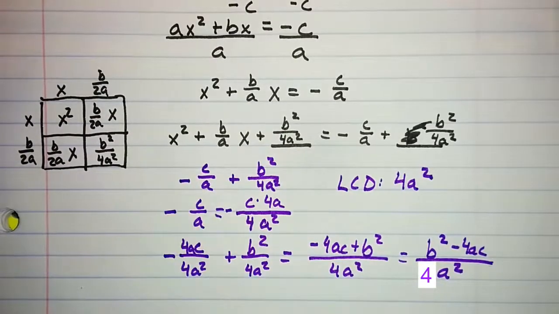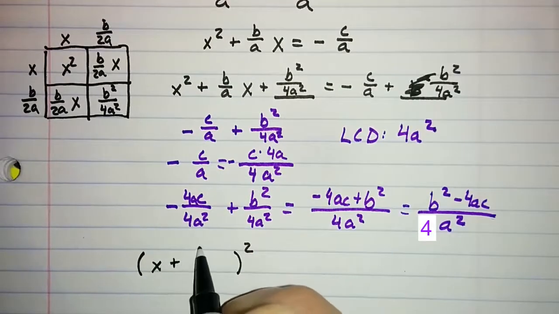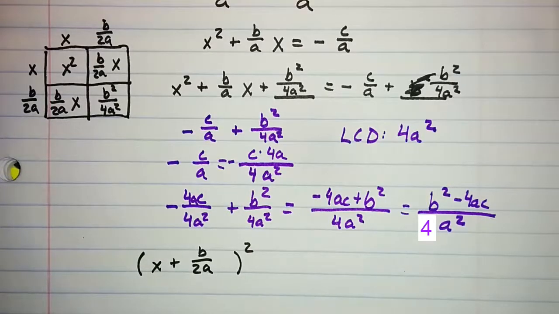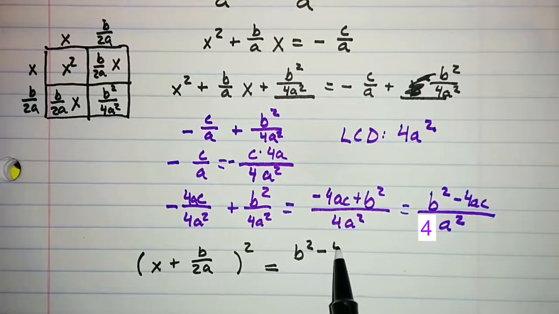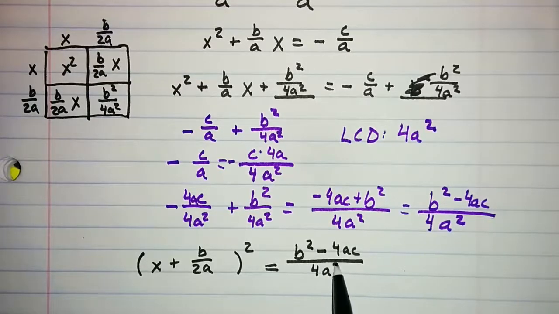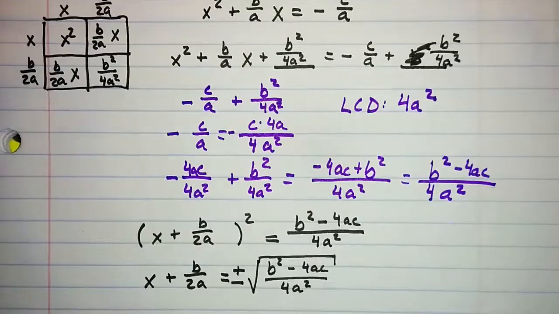Over here I'll have x plus b over 2a all squared is equal to b squared minus 4ac over 4a squared. Okay, time to use the square root property. I get x plus b over 2a equals plus or minus the square root of b squared minus 4ac all over 4a squared.